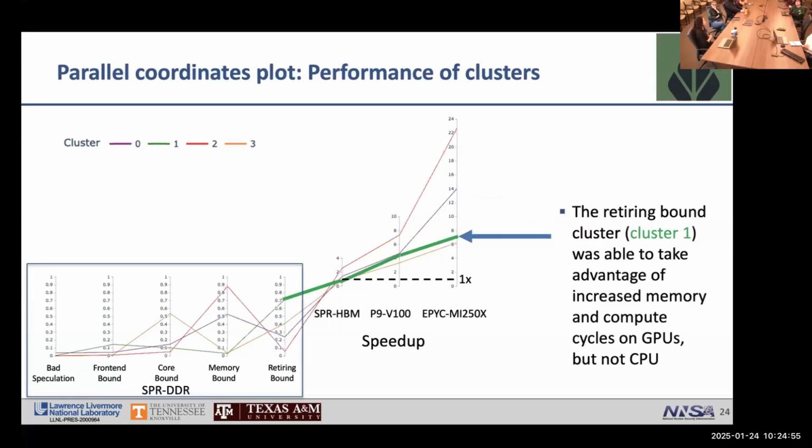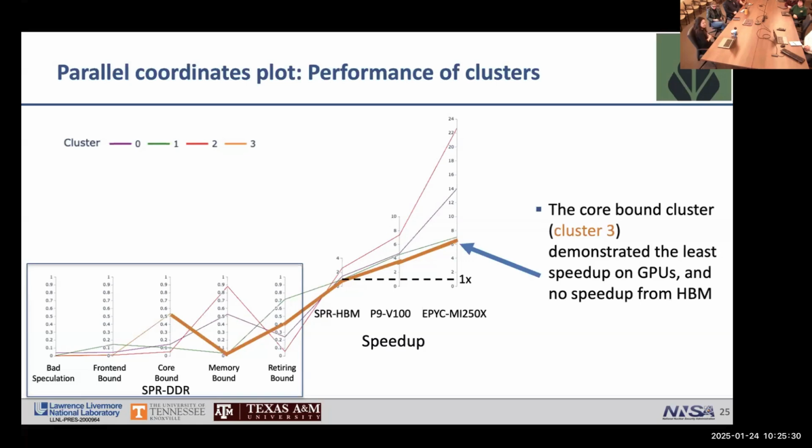The retiring bound cluster, cluster 1, saw speedup on the GPUs, but we didn't see any speedup with just extra memory bandwidth alone on the Sapphire Rapids with HBM. So that was still similar performance on HBM, but with the extra compute cycles available on the GPUs, we were able to see speedup for kernels in that cluster.